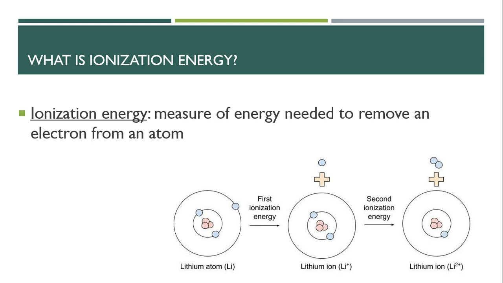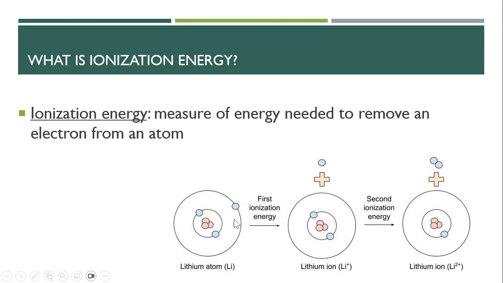So what do you think is going to happen if I look at the periodic table going from top to bottom? What do you think is going to happen to the amount of energy that's needed to bump off an electron?